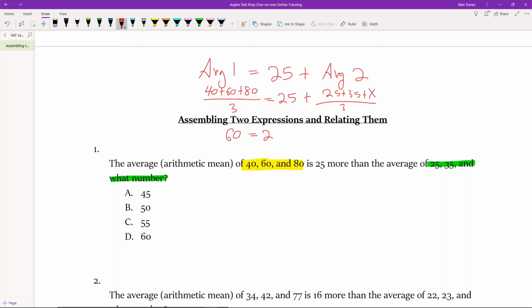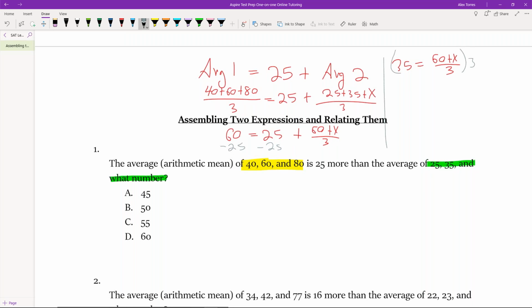And that's equal to 25 plus, here we can combine like terms. So we have 60 plus x over 3. Now we can take away 25 from both sides. And that'll give us 35 equals 60 plus x over 3.